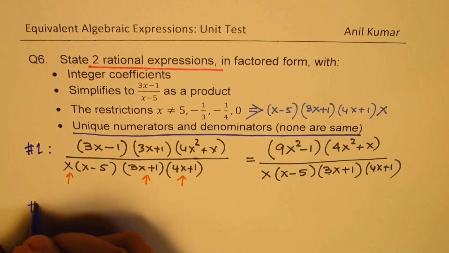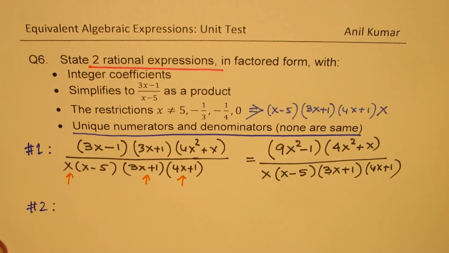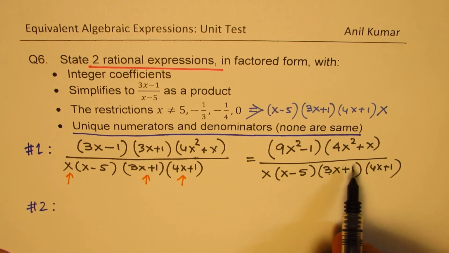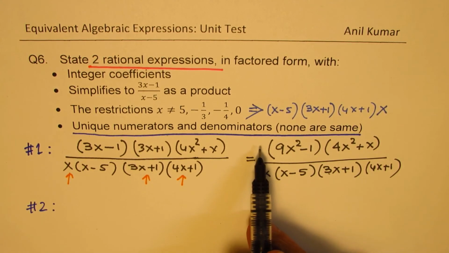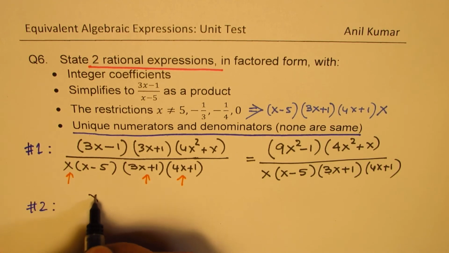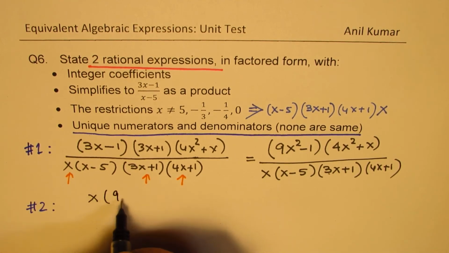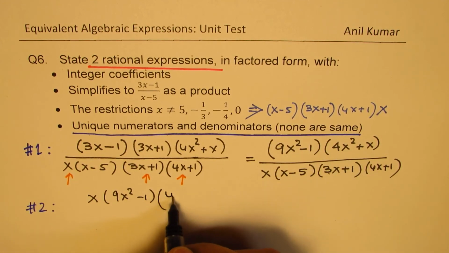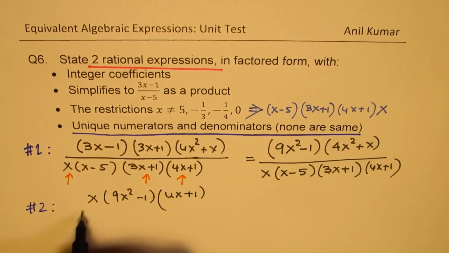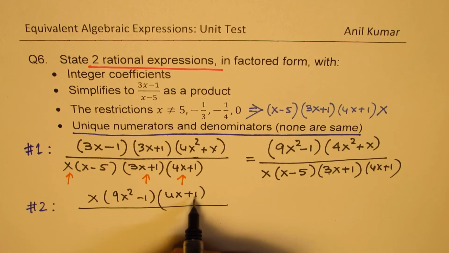Now we have to write 2, right? So let's write down the second one. So for the second one, I'm not going to do major variation. I'll just take a few terms from here and write them on the numerator side. So I'll write this as x times, we'll maintain 9x squared minus 1 times, we'll write this 4x plus 1 in the numerator. This has finally to cancel out, right?